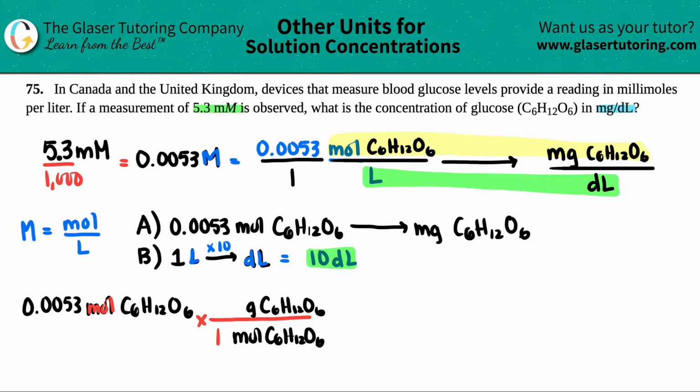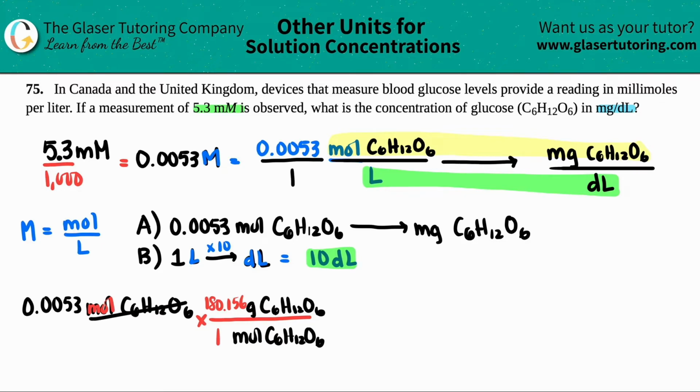So 6 times 12.01, I'll do the exact numbers that I see on my periodic table. 12 for the hydrogen, and then 6 for the oxygen, and they're each 16. So I get 180.156. Maybe you just got 180, which is fine with me.